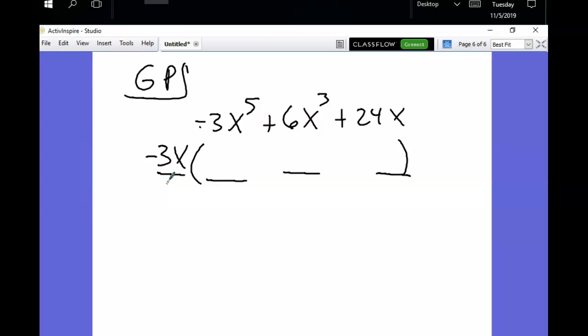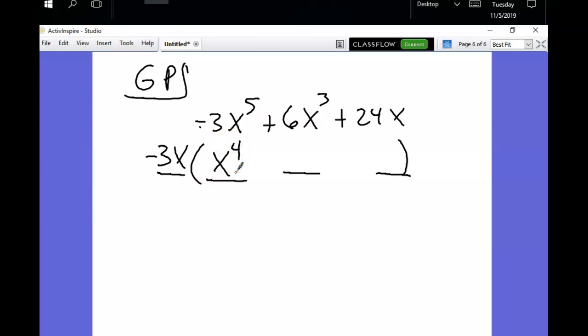Heidi, where are you? What goes here, Heidi? Not sure? Okay. Let's try Nathaniel. What'd you get here? No. X squared.